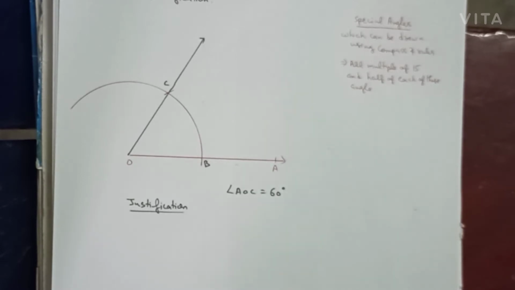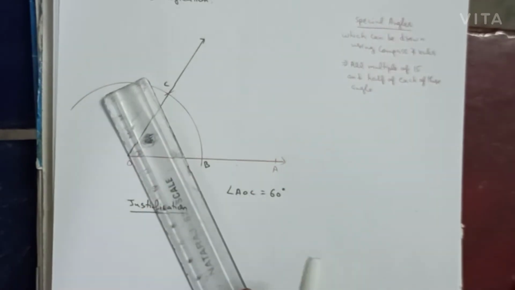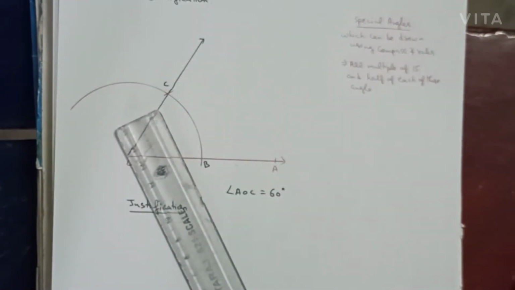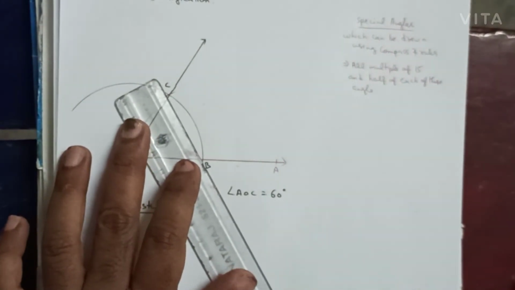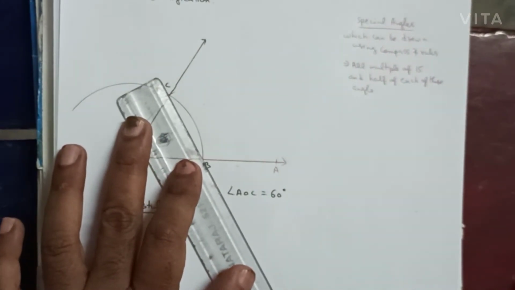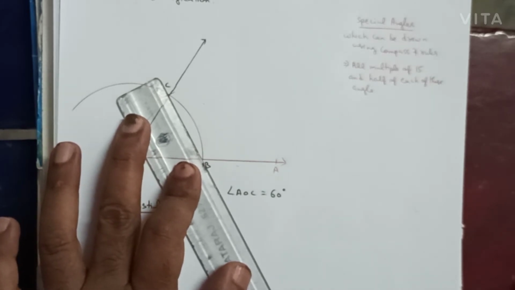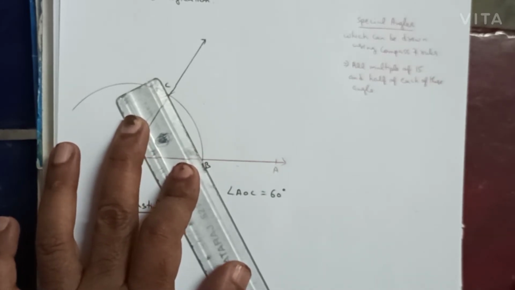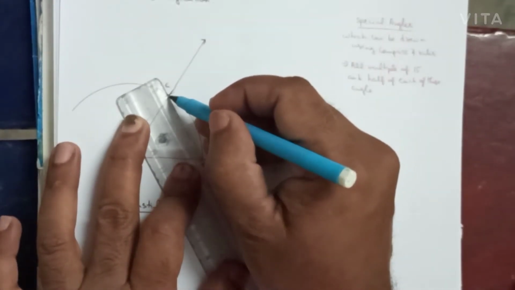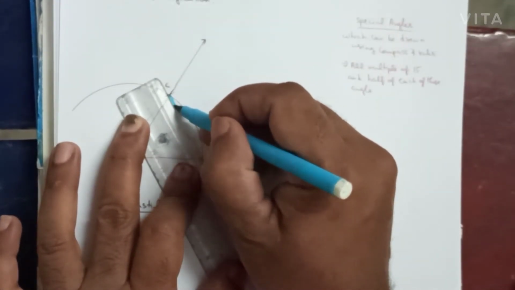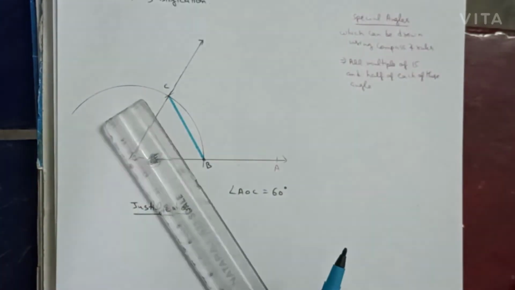For that, first we need to join BC. I am drawing with the other pen, the marker, so that you can distinguish that this is not part of the construction, only part of the justification. You will do this only if you are asked to give the justification, which is very rarely asked.